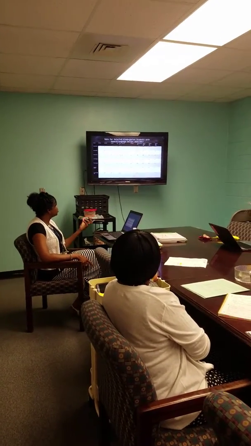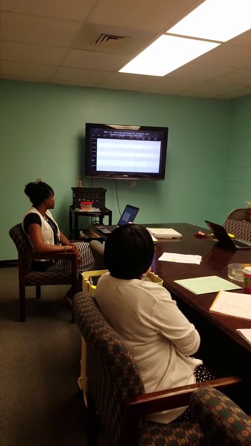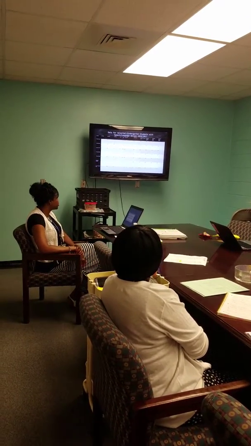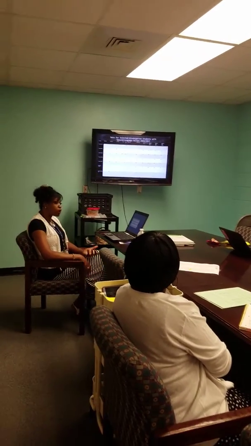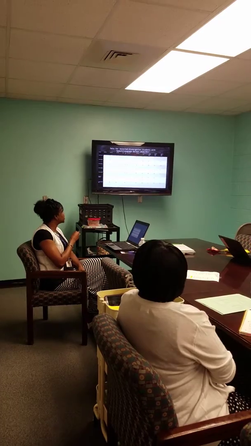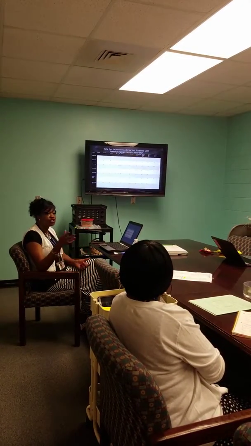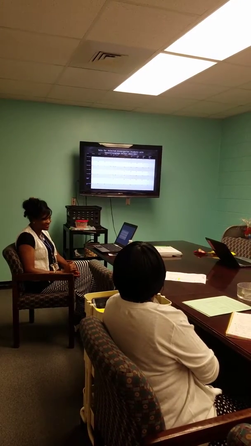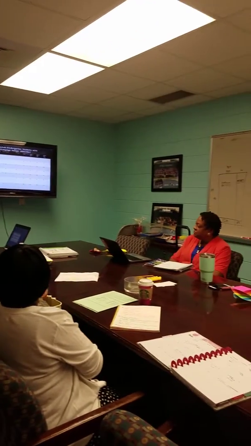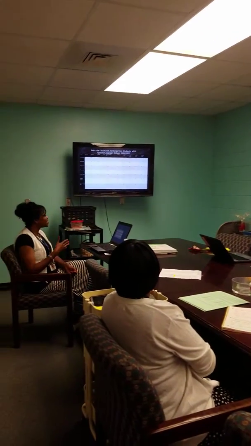And so on this chart, it's very small, but I will share with you most of the students made less than a year's growth. And so what we're targeting in this PLC is looking at the data, looking at the students that started the beginning of the year at RB, which is, you guys tell me, Reading behaviors. Right, reading behaviors, and then PC, print concepts. And they stayed there.